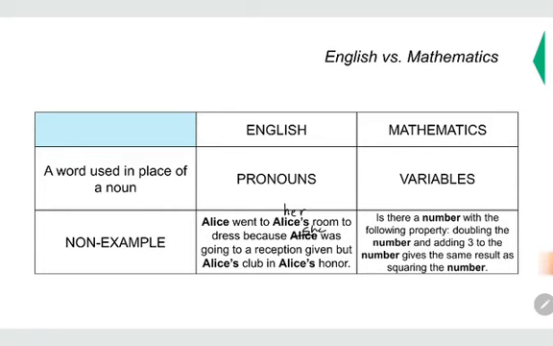But in math, we have terms called variables. So for example, in this sentence, is there a number with the following property? Doubling the number and adding 3 to the number gives the same result as squaring the number. So it tends to be repetitive, diba? Instead of saying number again and again, we can actually translate this or convert this into an equation, diba? So doubling the number, x can be a variable.